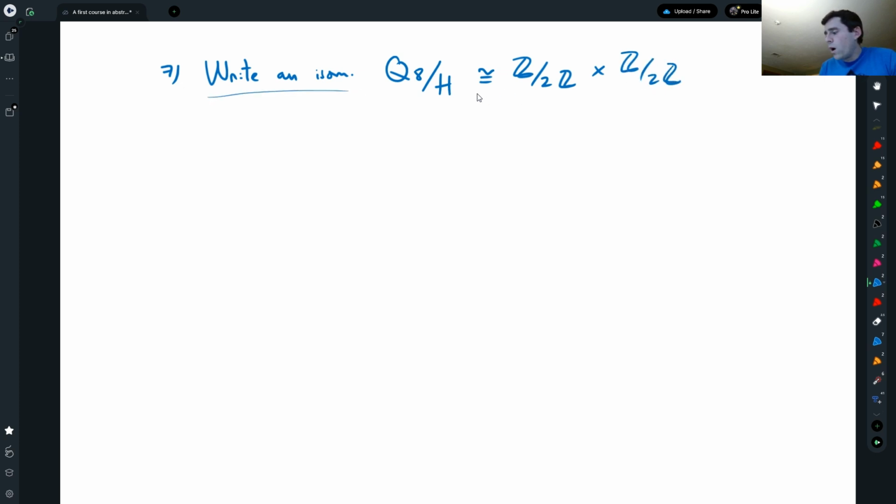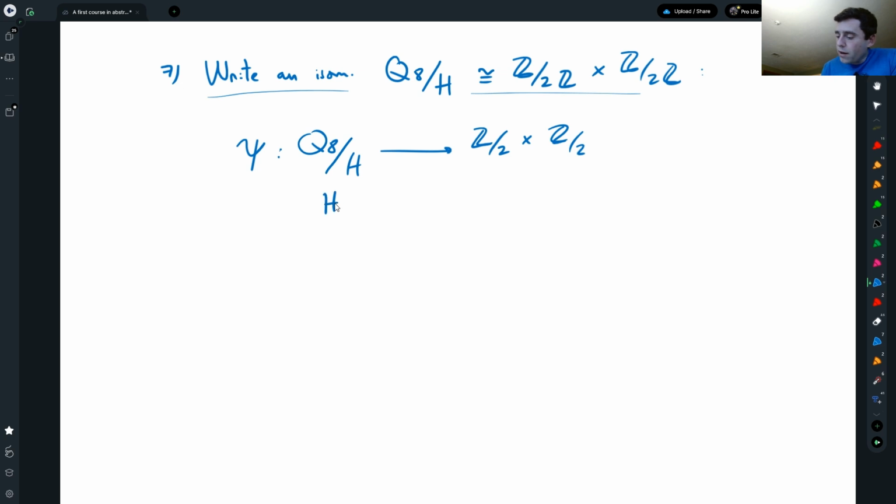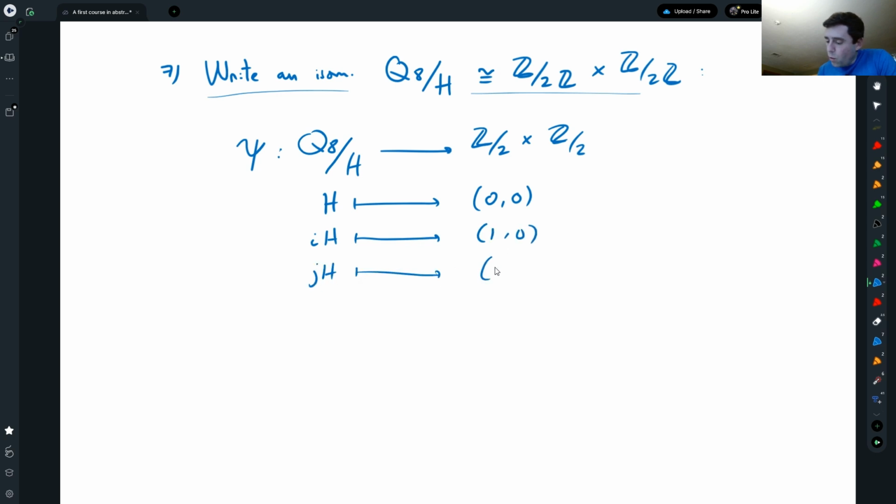So I'm going to just write it all out. H itself is going to go to the identity element. iH is going to go to (1, 0). jH is going to go to (0, 1). And kH is going to go to (1, 1).